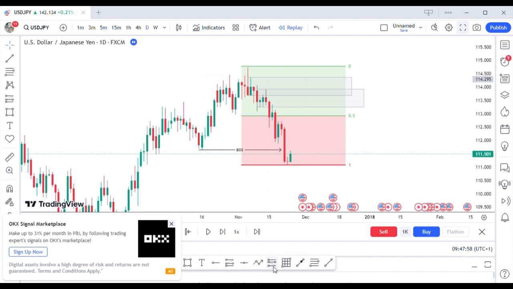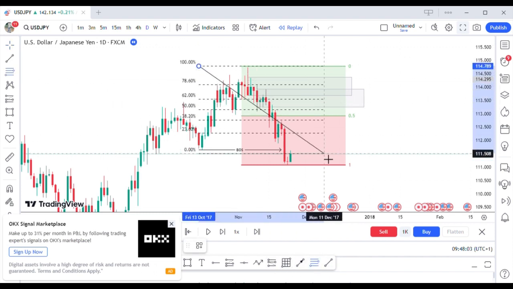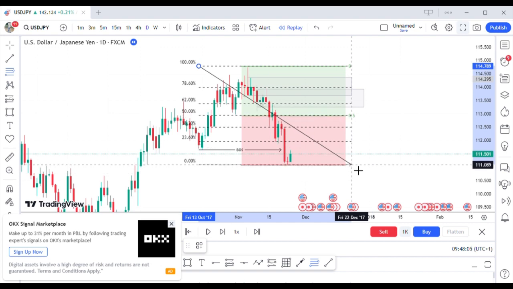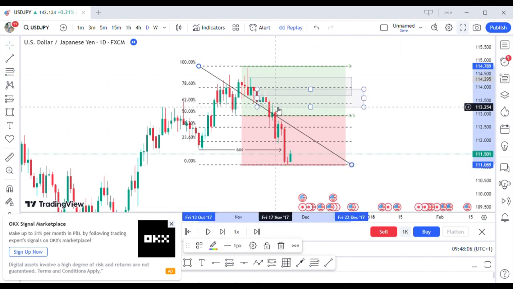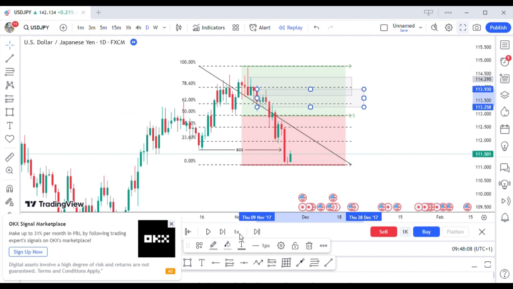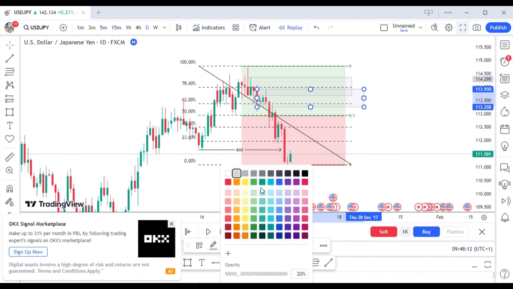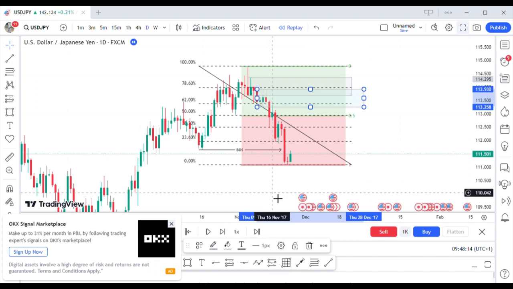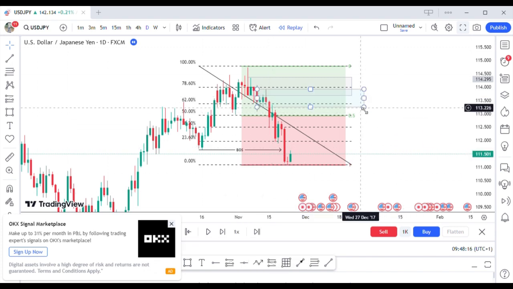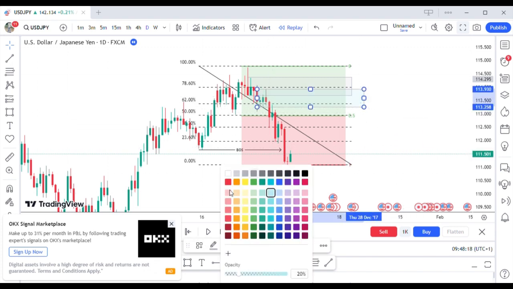Draw your Fibonacci retracement. We are expecting price to tap into our 62% level. Let me change the color of this order block so you can see very well. Let me try something like red.